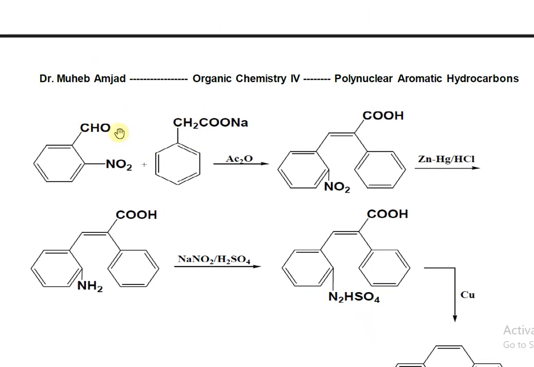Here we have a carbon-carbon new bond with acetic anhydride as solvent, and then reduction of the NO2 nitro group to the amino group.